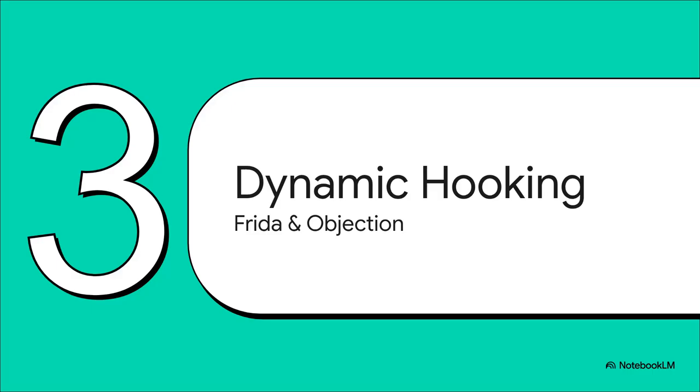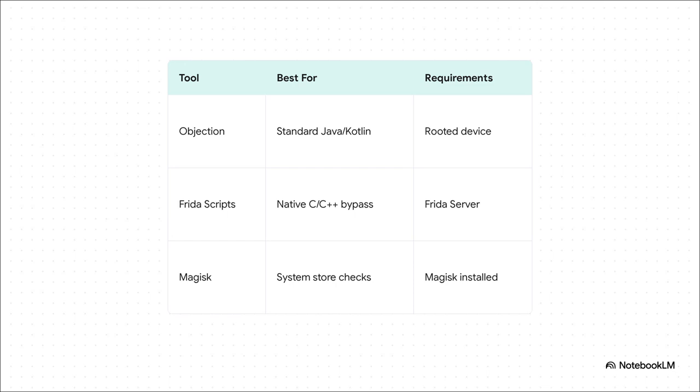Section 3. Dynamic hooking, Frida, and Objection. Now that our base camp is built, let's introduce the universal keys for unlocking standard libraries across these mobile apps. Okay, the crucial point here is knowing when to use which tool, basically when it works versus when it fails. Objection is fantastic for your standard Java or Kotlin networking apps.